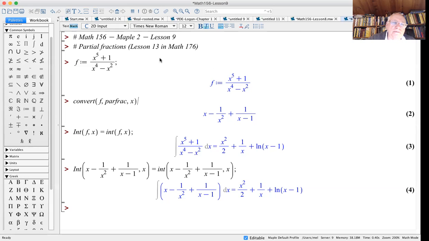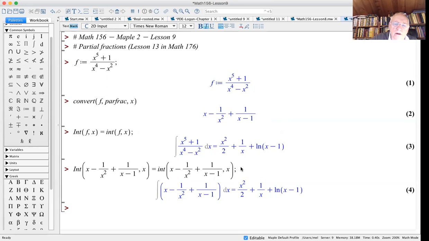X. Expand this as partial fractions in X, and lo and behold, that's what you get. Now, if you take the original function and you integrate it, you see this is what you get. And instead, of course, if you put in the partial fraction expansion, you get this.